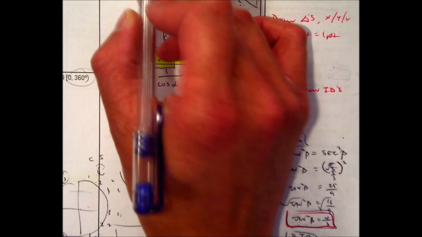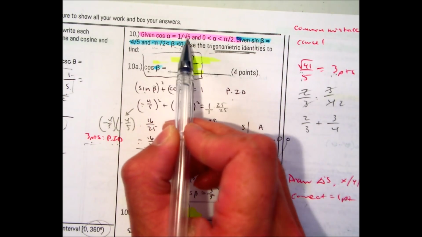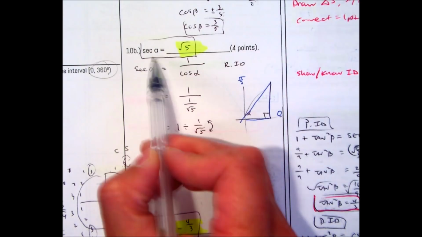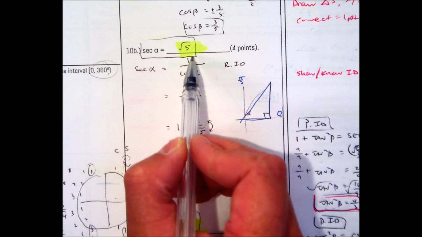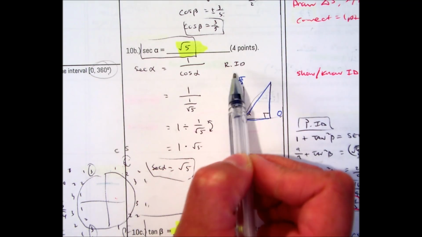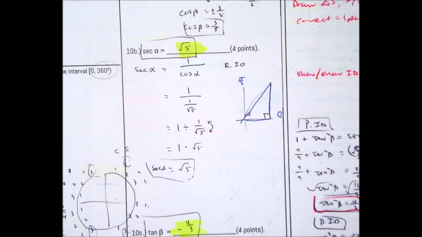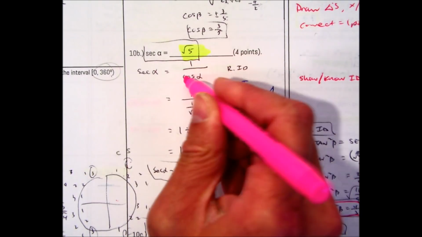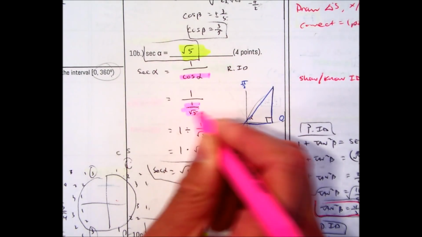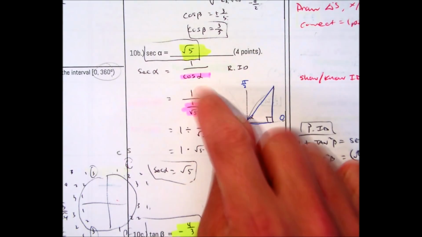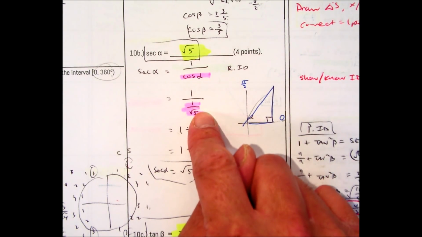They gave us the information that cosine of alpha is 1 over radical 5. So I need to find secant. So secant of alpha equals 1 over cosine. Reciprocal identity. If I substitute in for cosine, I get 1 over 1 over radical 5.